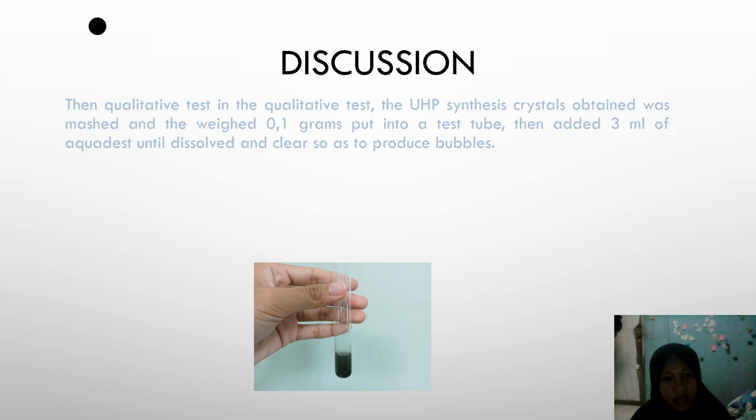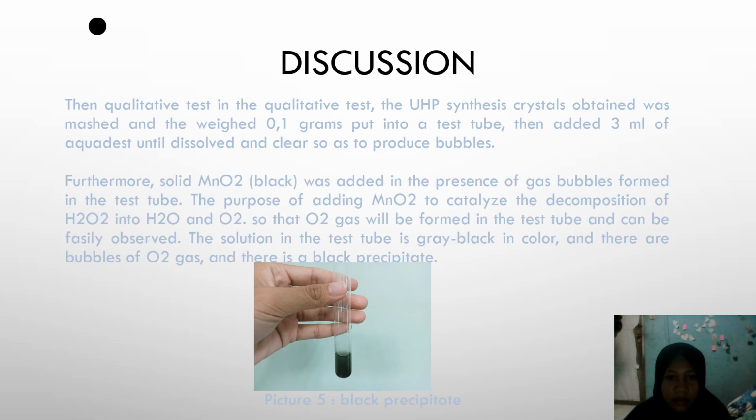Then the qualitative test. In the qualitative test, the UHP synthesis crystal obtained was weighed at 0.1 grams and put into a test tube, then 3 ml of aqueous was added until dissolved and clear, producing bubbles. Solid MnO2, which is black, was added, and bubbles formed in the test tube.